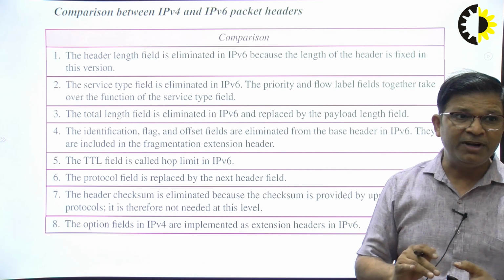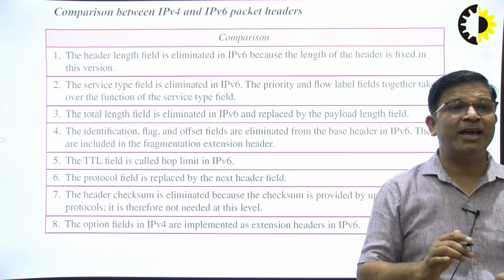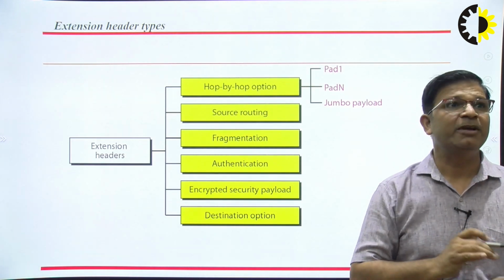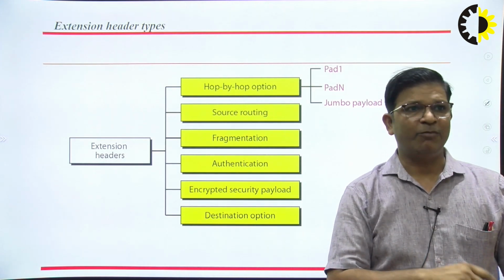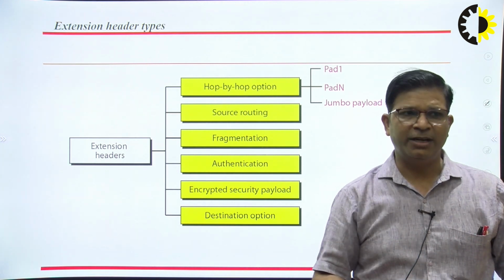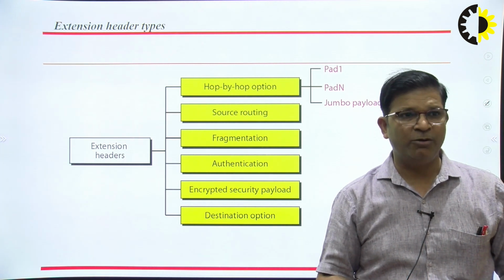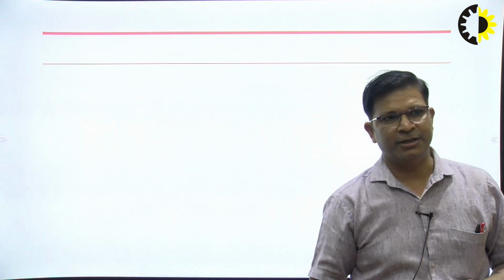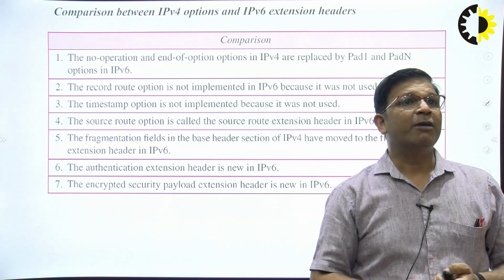The options field in IPv4 is implemented as the extension header in IPv6. So these are some important concepts. These are the extension header types: hop by hop option, source routing, fragmentation, authentication, encrypted security payload, destination options. There are various header type options. Okay. Comparison.